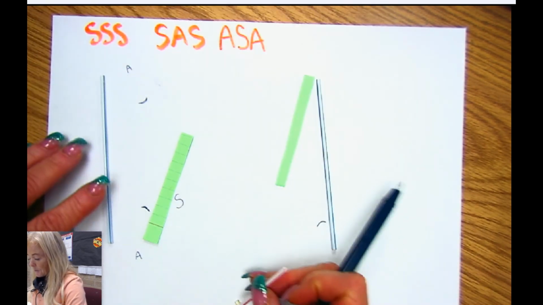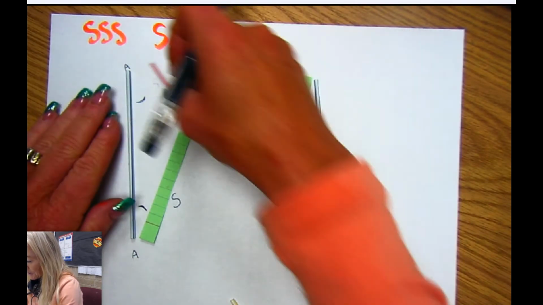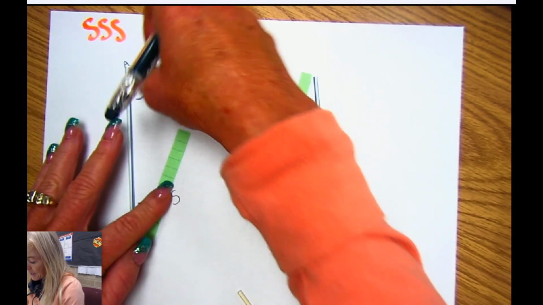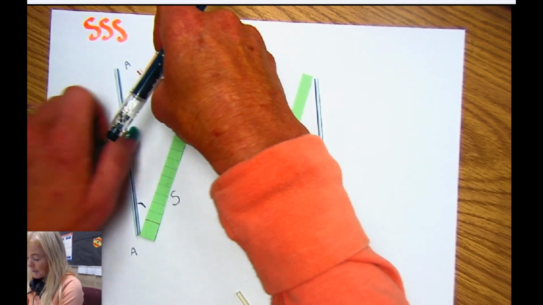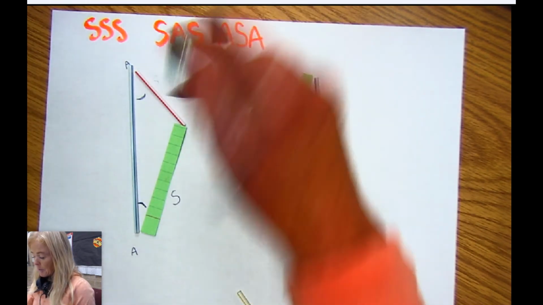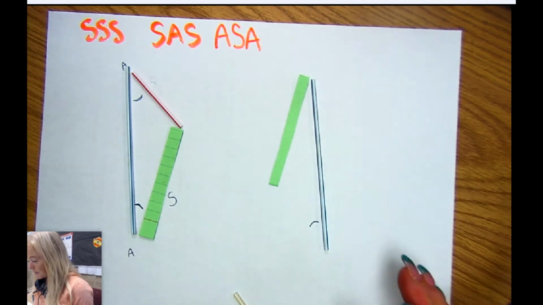So if I have to put something in there to create a specific angle, and I have to put something in there to create a specific angle, with this side being stagnant, then there's only one way to connect right there to make this side match up to the vertex of this side. So can I build it any other way?